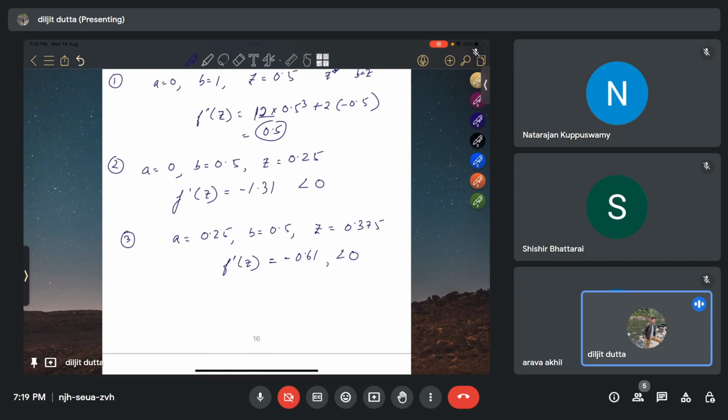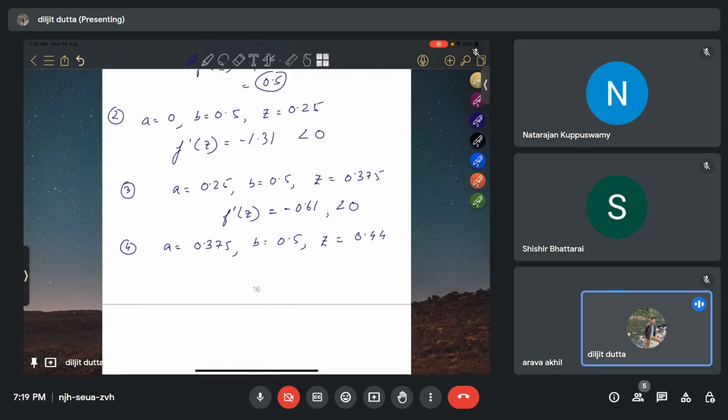So after this, the new a will be 0.375, b is equal to 0.5, and z is equal to 0.44, we will take. So this is till the fourth iteration we will do it.